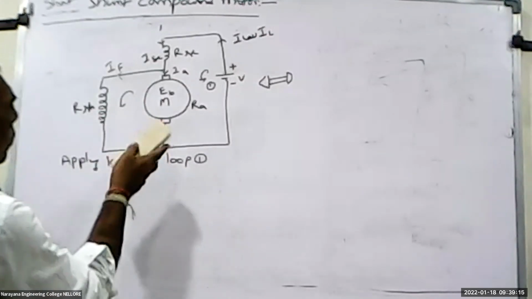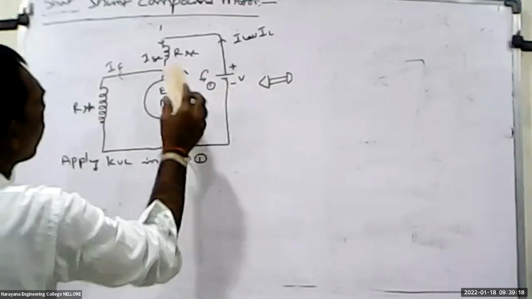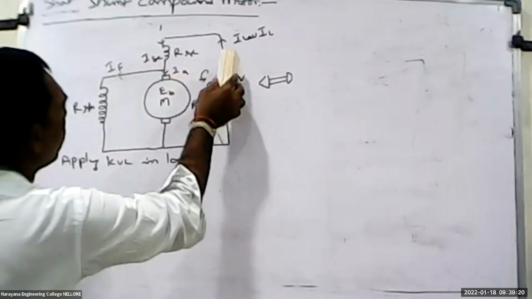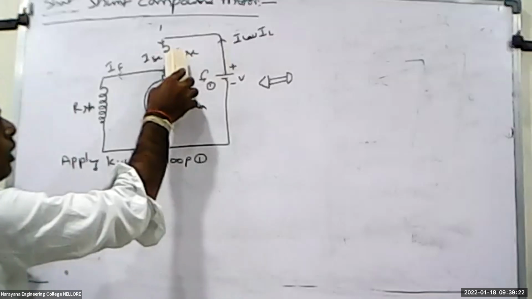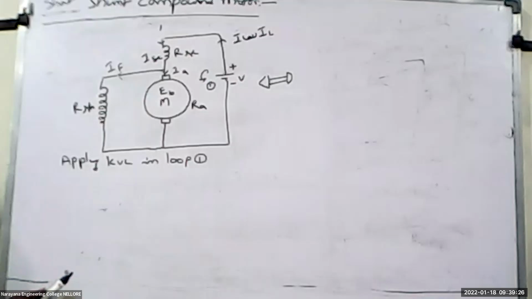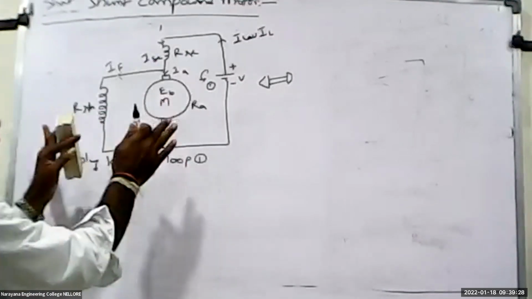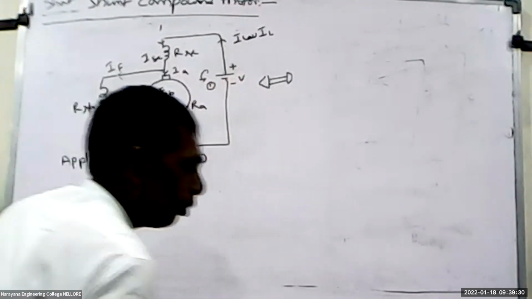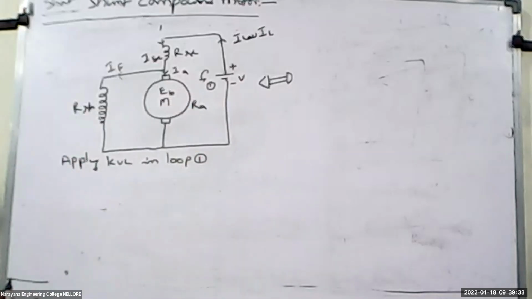You'll observe here in loop 1, V, IA RA and ISC. First I will explain this one, then if there is any doubt, I will explain the modification of the other diagram.